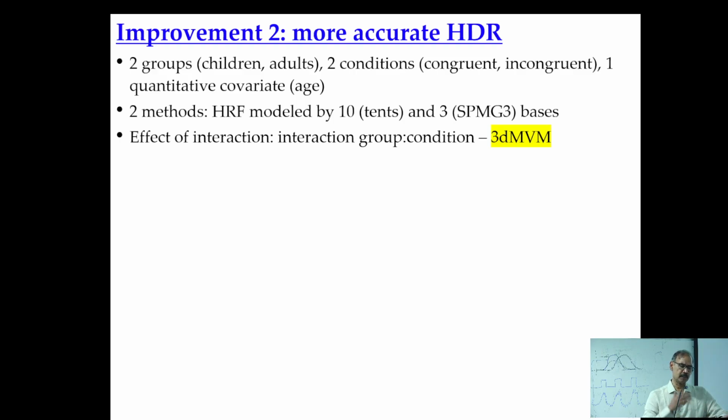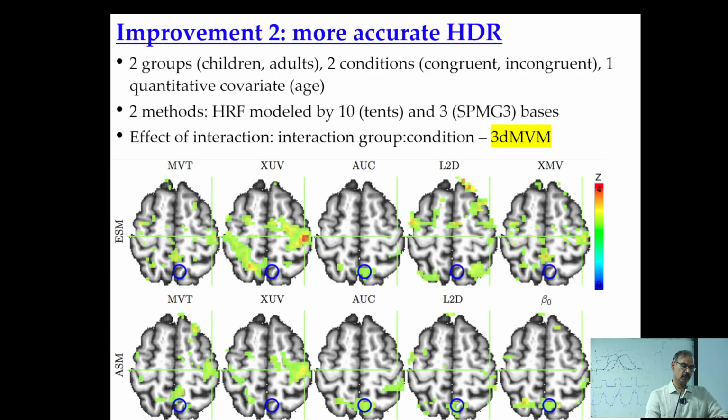Again, these use more sophisticated analysis methods like mixed effect modeling to address this issue, right? This is looking at two different groups and showing how, based on how you compute these measures, your activation pattern may look different.